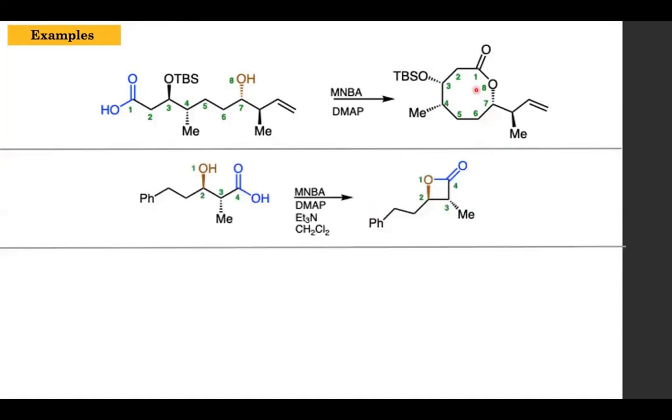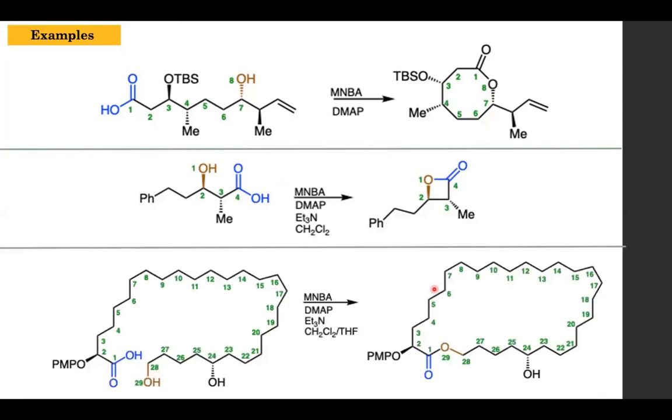Not only an 8-membered ring, even a 4-membered strained lactone ring can be prepared using Shiina esterification conditions. Here you see that molecule: the second position has a hydroxy group and the fourth position has a carboxylic acid group. When we subject it to this condition, it generates a 4-membered cyclic lactone. Not only a 4-membered ring, even a 29-membered ring can be prepared.